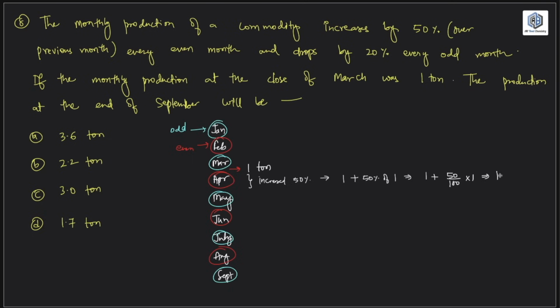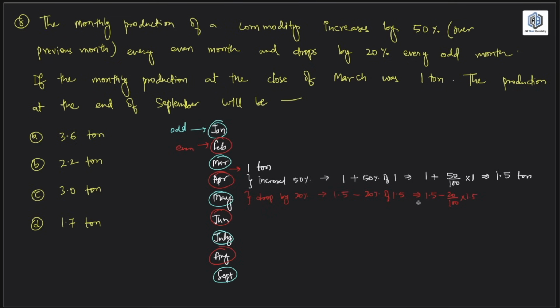If you add it to 1, it becomes 1.5 ton. So by the end of April, it was 1.5 ton. In May, it will drop by 20%. So that means it was 1.5 ton, minus 20% of 1.5, which will be 1.5 minus 20 upon 100 into 1.5.